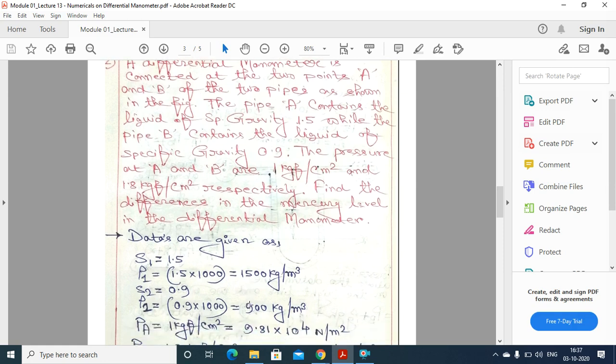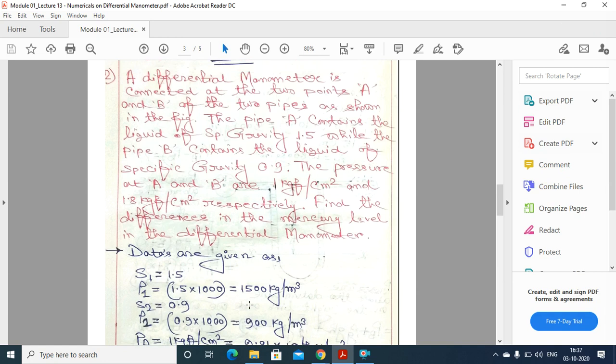Now S2 is the liquid which is used at the pipe B. The pipe B contains the liquid whose specific gravity is 0.9.